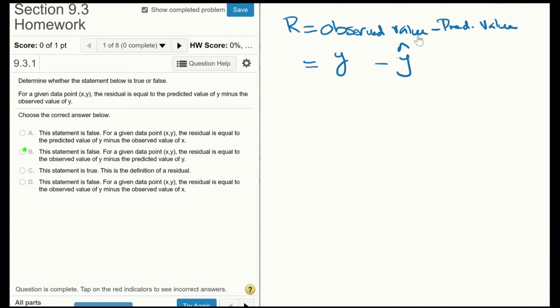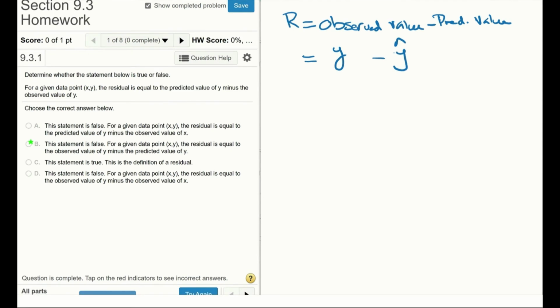Remember, this order is very important because subtraction is not commutative. In other words, y minus y hat is not the same as y hat minus y. So be very careful with the order. The only exception, of course, occurs if the ordered pair x, y happens to fall on the linear regression line, in which case the observed value and the predicted value will be the same.